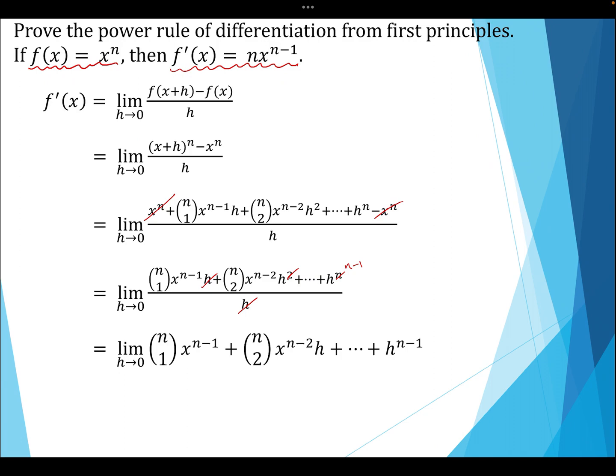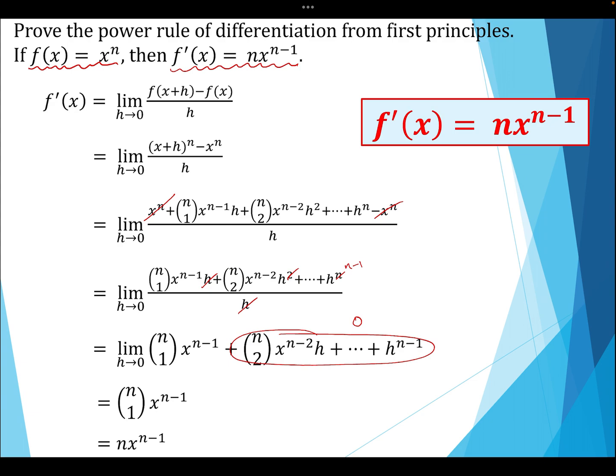Now we know as h approaches 0, what happens? Everything else will become 0, and therefore what is left is n choose 1, x to the power of n minus 1. And you know that in terms of binomial expansion, n choose 1 means n. So it's nx to the power of n minus 1. So therefore, we can derive that f dash x is actually nx to the power of n minus 1.